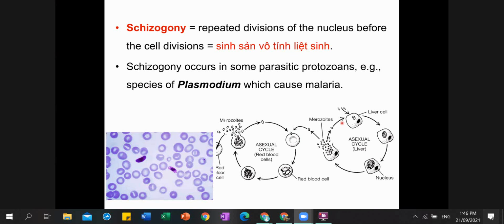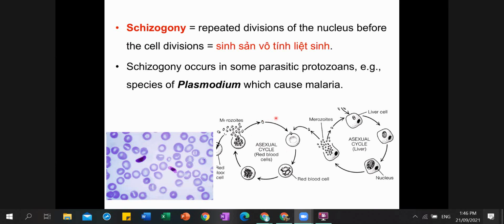Now we can see. For example, if one parasite managed to go into the liver and multiplies into something like 1,000, right? Of course. And then that 1,000 is released into the blood, each one occupies 1 red blood cell, and each one of them will multiply again into 1,000. So 1,000 by 1,000 is 1 million, right?